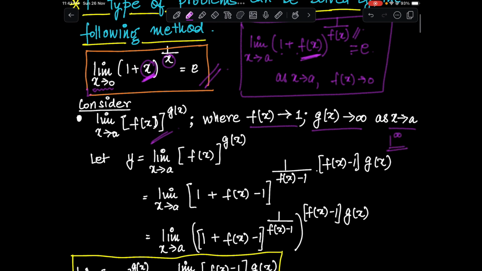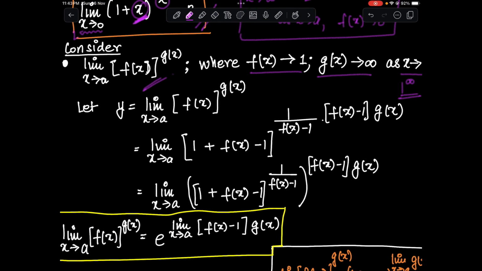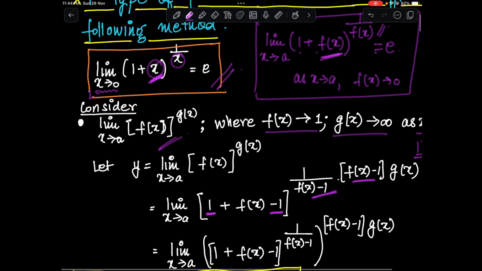Now, let us see what changes we have done with the function. I'm considering y to be this function. Now I'm adding and subtracting 1, which is not disturbing the whole function. Also, I am multiplying and dividing by f of x minus 1 with g of x in the power. The reason I am doing this is that I'm trying to make this function in this form.